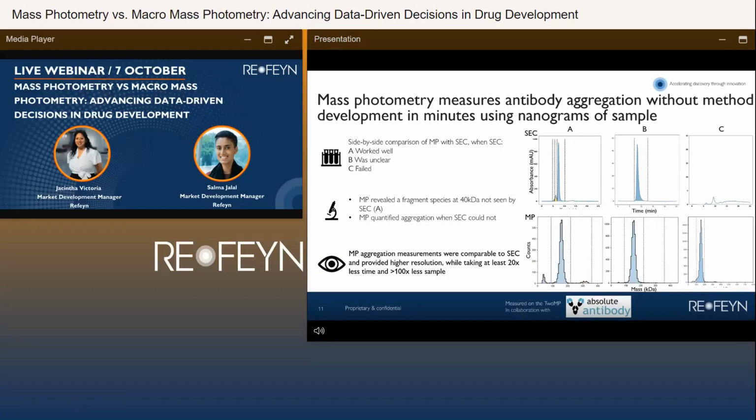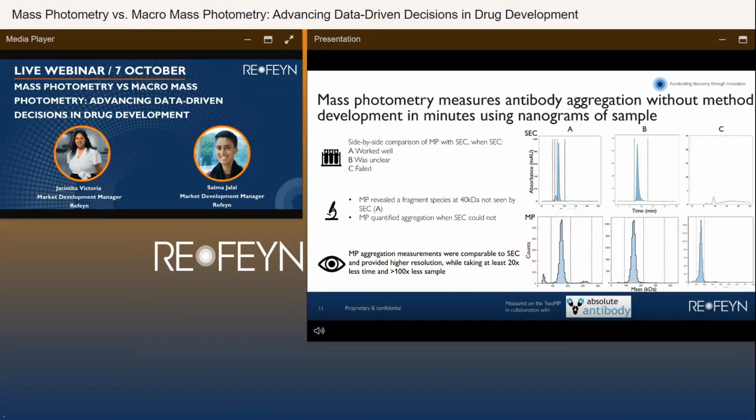And in these three situations, MP was able to quantify aggregation when SEC could, and also when SEC could not, or was unclear. And even in the case where SEC did work and gave you some information, mass photometry was able to give you baseline resolution for the monomer and dimer population. Over here in panel A at the bottom, it gave you baseline resolution on the monomer and dimer, and also could detect this additional 40 kilodalton fragment peak that SEC could not detect.